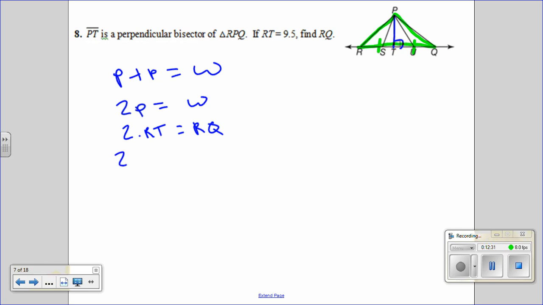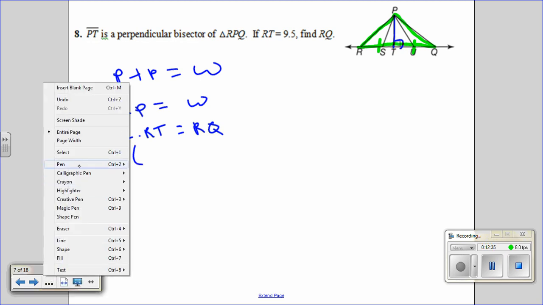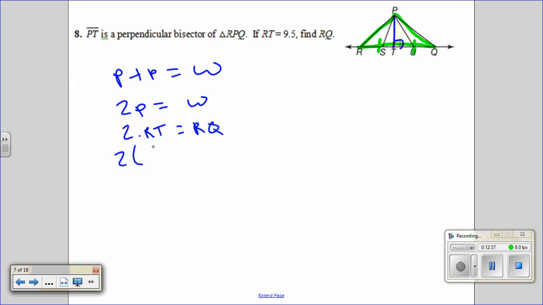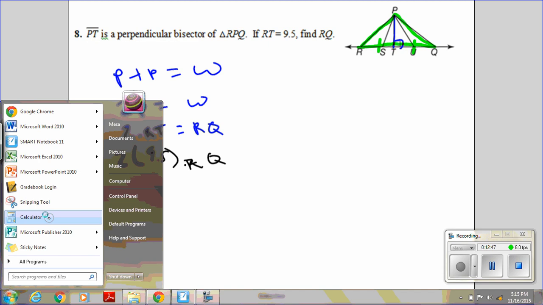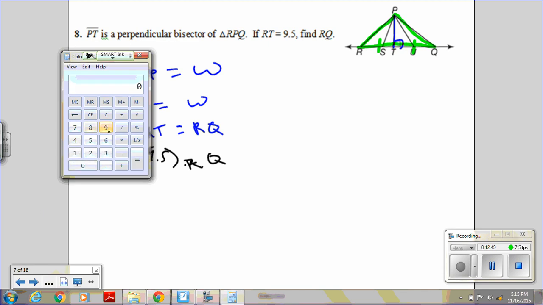So that means 2 times RT, which is 9.5, is equal to RQ. So let's grab our handy dandy calculator. 9.5 times 2. Hold on.